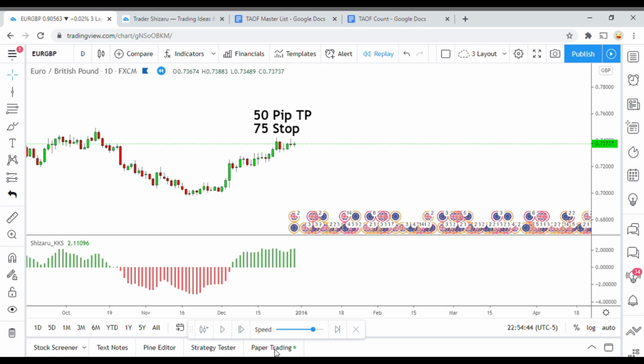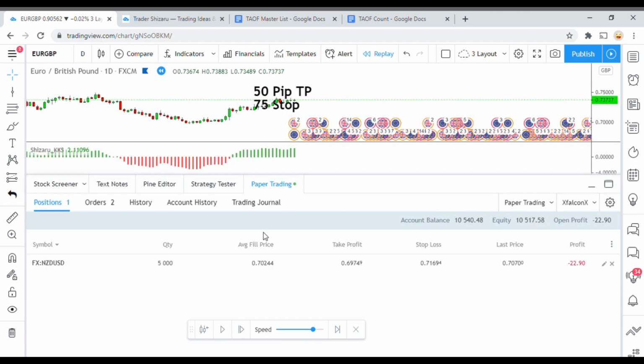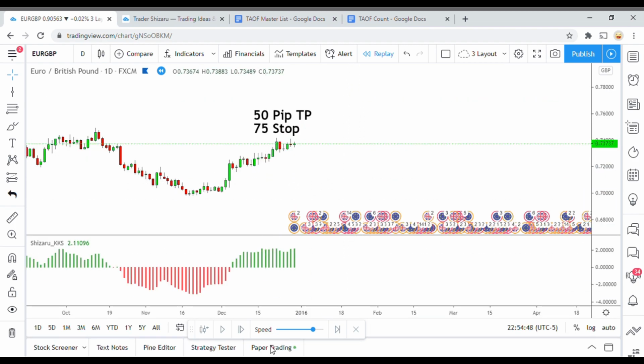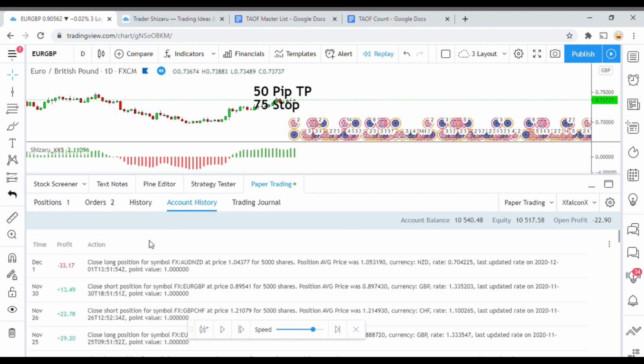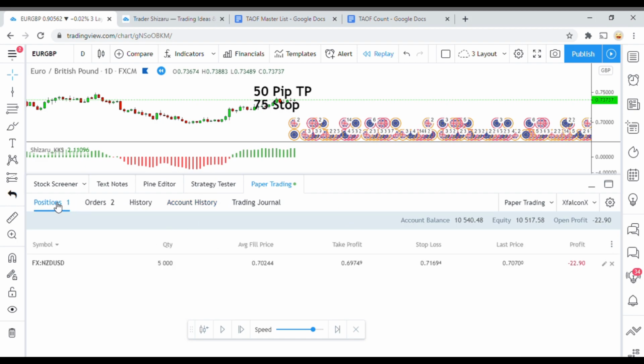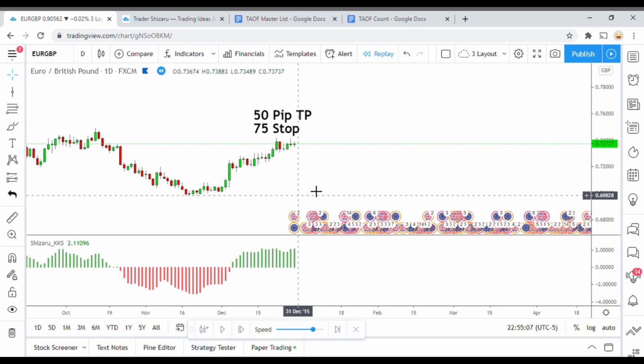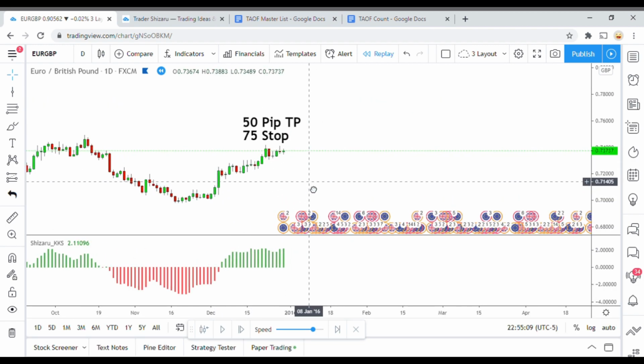You can see it down here on the bottom of the screen, the tab for paper trading. And if I click into it, it has all kinds of features that you can use to have a demo account.